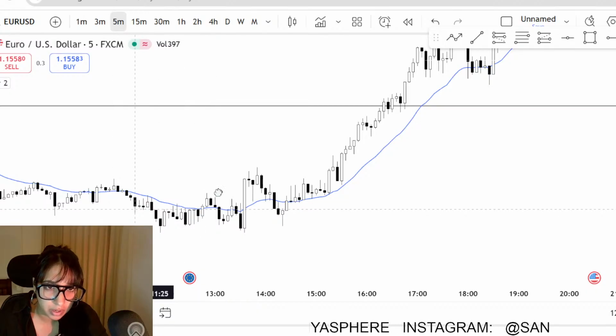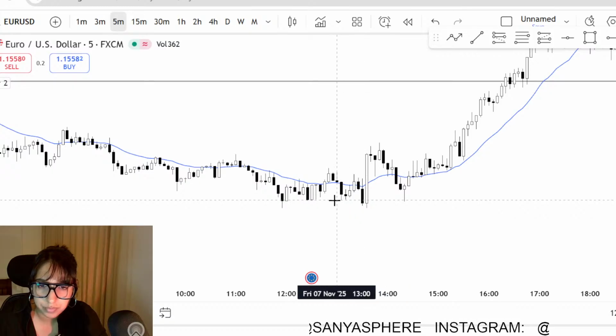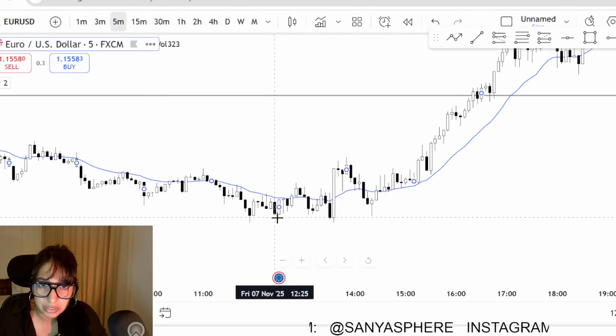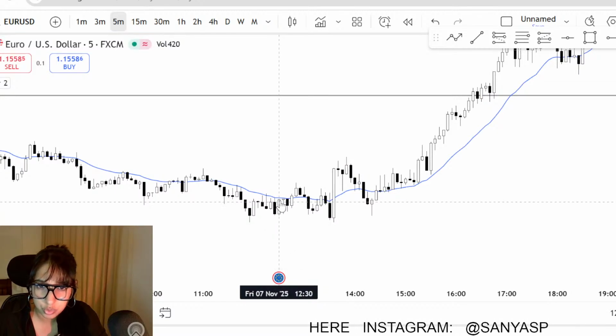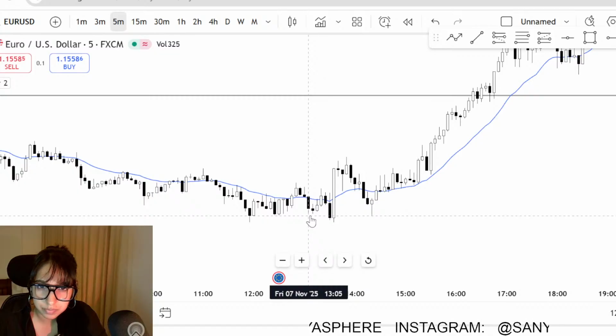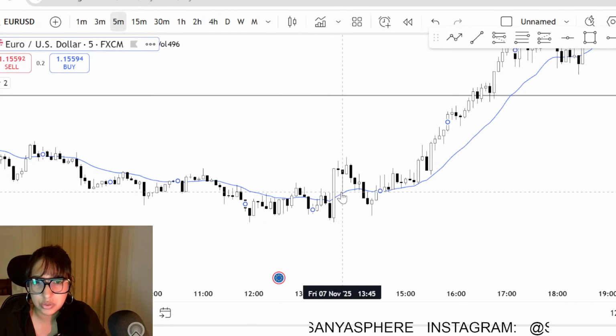Around 12:30, right? 12:30. Okay. At 12:30, my buys was bullish. So somewhere I consolidated. I took my entry somewhere over here, right? This zone.